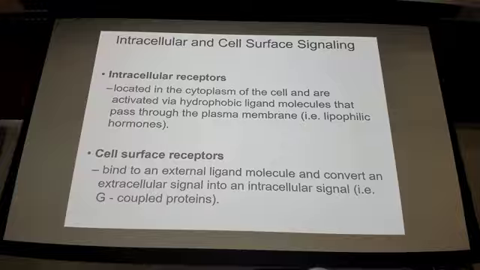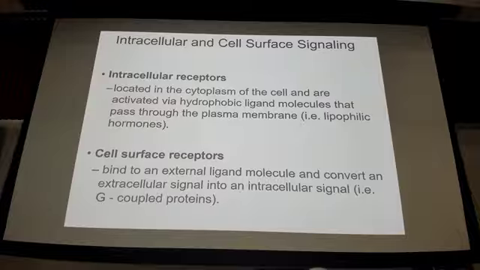And you have intracellular and cell surface signaling. Intracellular receptors are located in either the nucleus or the cytoplasm, and so molecules will pass through the cell membrane and bind to the intracellular receptors in order to elicit a response, and that's what hormones do because hormones are lipophilic. Then you have, yes, it's like our steroid hormones and stuff.